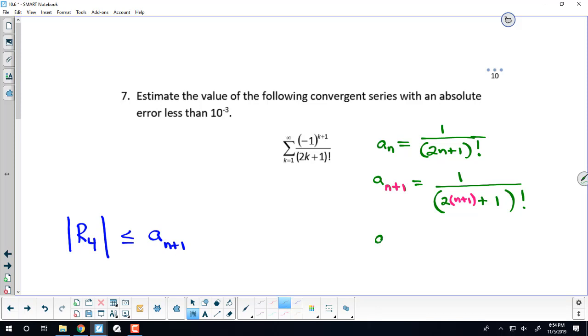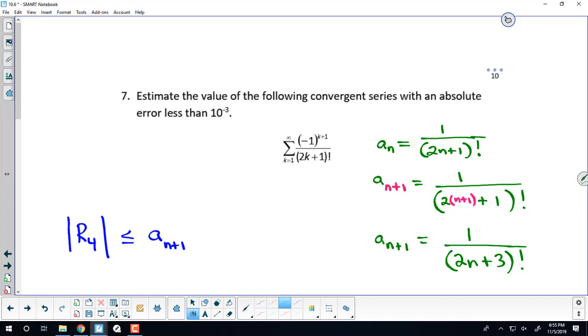Or the a sub n plus 1 term is 1 over 2n plus 3 factorial. So that's our a sub n plus 1.